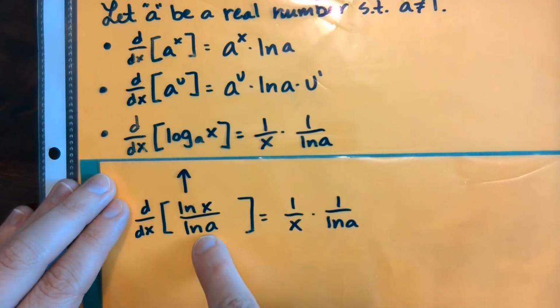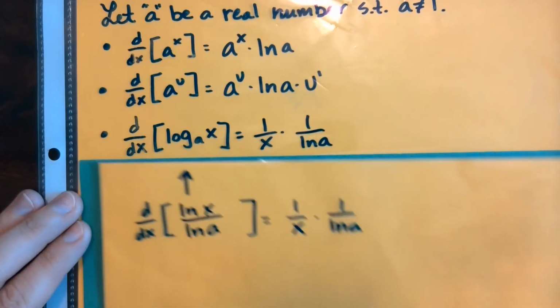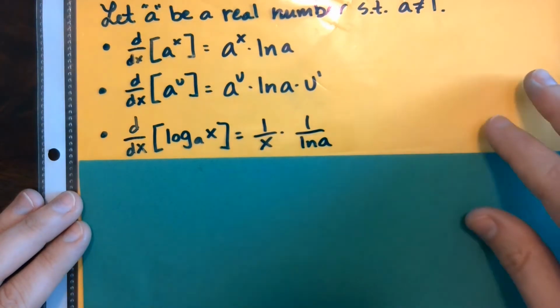And then this 1 over natural log of a is just a number. So I don't have to use the quotient rule here because this isn't a function, because remember a is a number. So the natural log of a is also a number. So this is just kind of that coefficient that hangs out on the outside of the derivative. So we've got the derivative of natural log of x, and then just times that coefficient that's left over. So kind of neat to see where that came from.